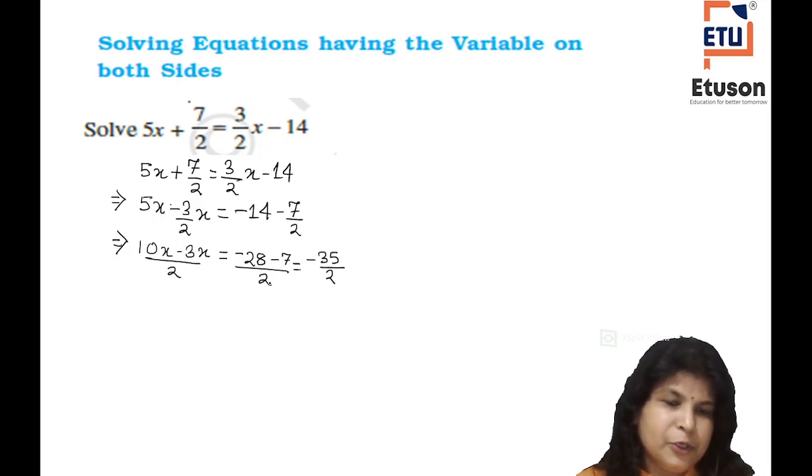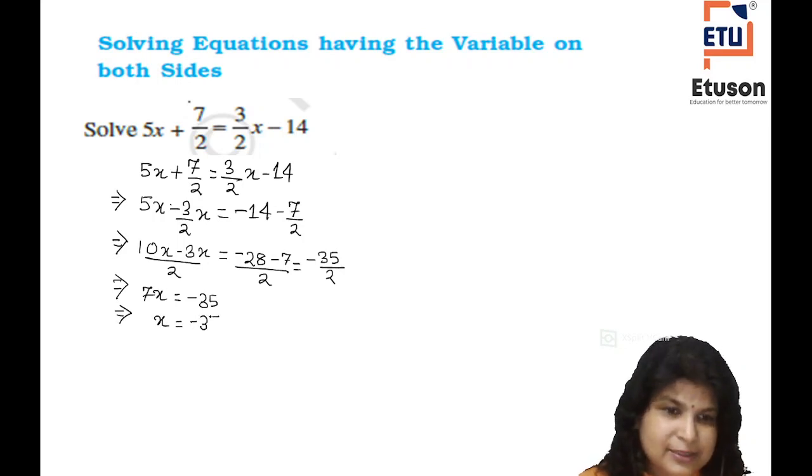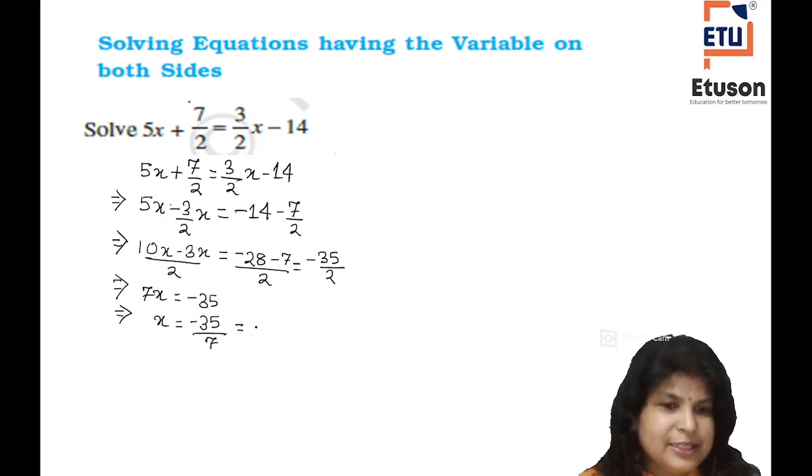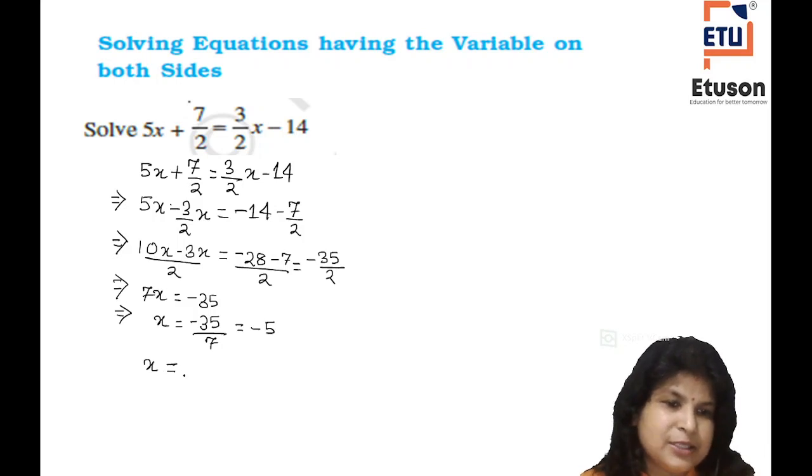As you have denominator 2 on both the left hand side and right hand side, you can cancel it out and you will get 7x is equal to minus 35. Then what will be the value of x? x is equal to minus 35 by 7. What is minus 35 by 7? That is minus 5. So the solution to this equation is x is equal to minus 5.